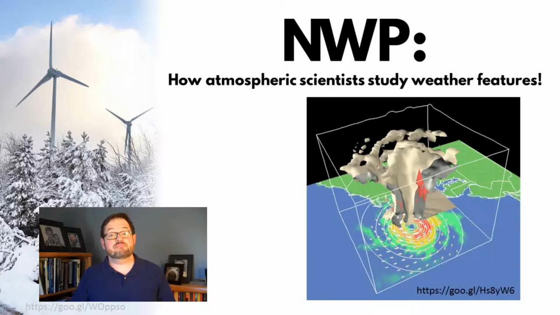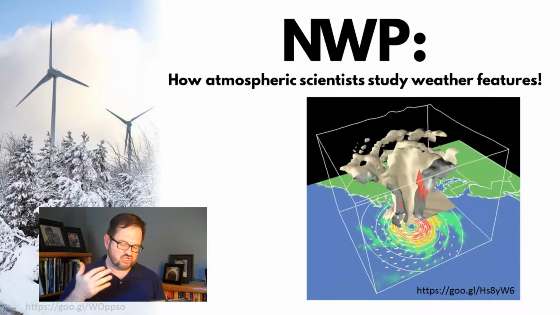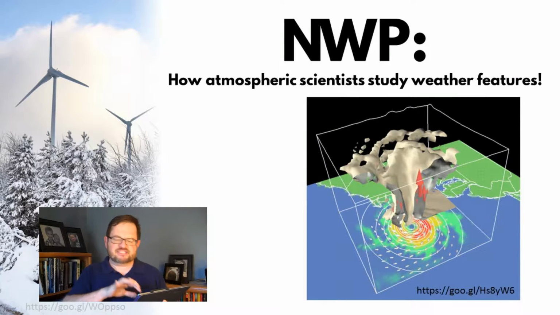These kinds of numerical models of the atmosphere are how, for example, scientists tend to study weather features. We tend to simulate them using these kinds of models. In this case, I believe, this is a model of a hurricane as it approaches the shore of the United States, but it is a type of simulation. Again, this is just a visualization of what's going on in the model.